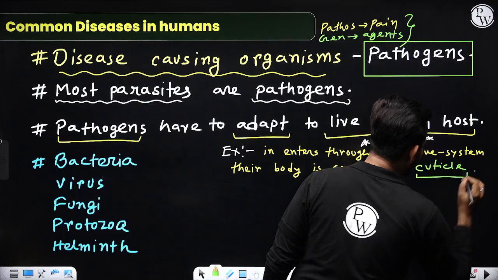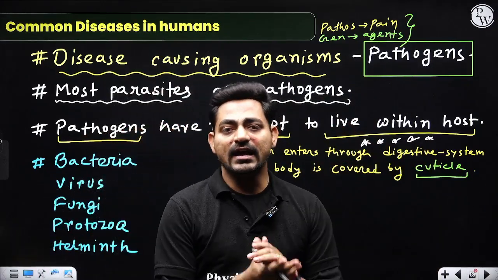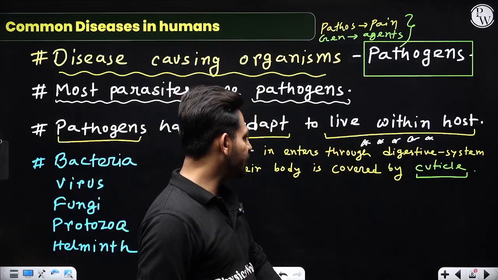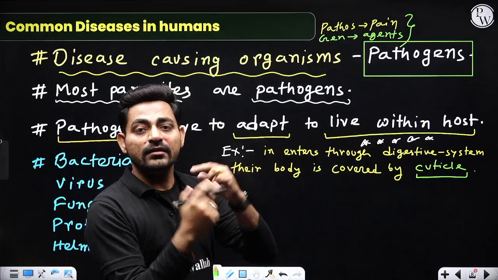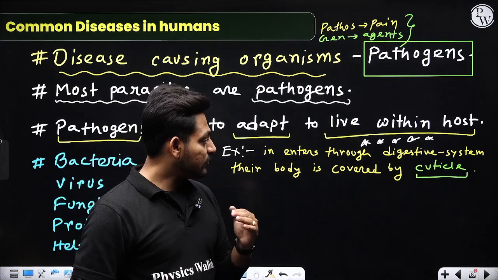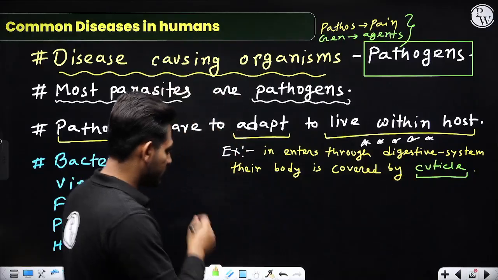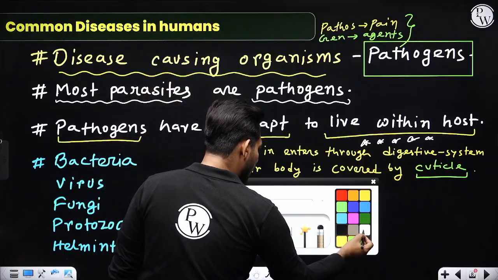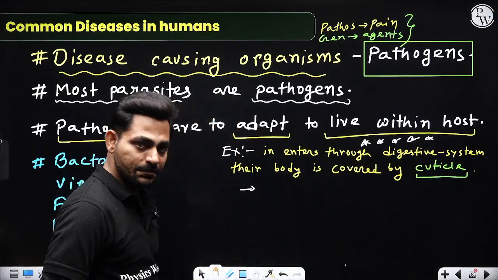Here I am talking about the internal parasites or intestinal parasites like Ascaris, Taenia. Their body is covered by tegument, a hard cuticle. This will give them resistance against the digestive juices. Okay, a few other methods by which they survive inside the host body.